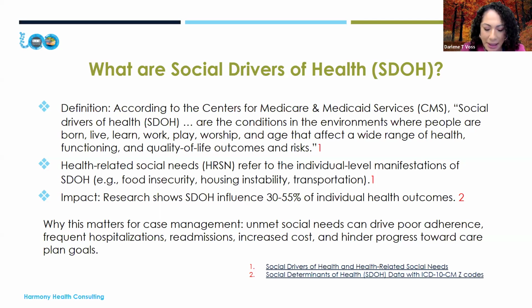And then case managers see this every day. So, poor medication management, homelessness, missed appointments, transportation support or anxiety, and then really financial strain. So one of the things that we're doing is really identifying how to individualize that SDOH need.